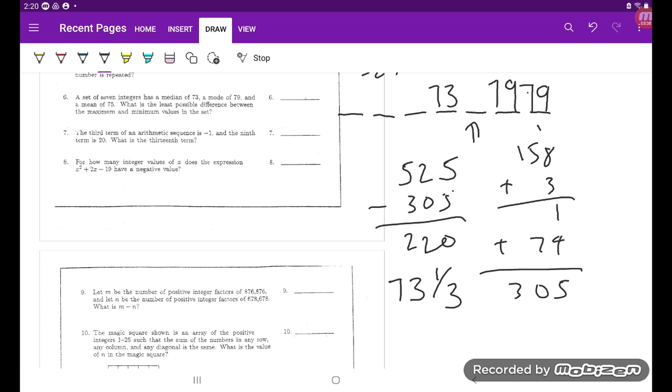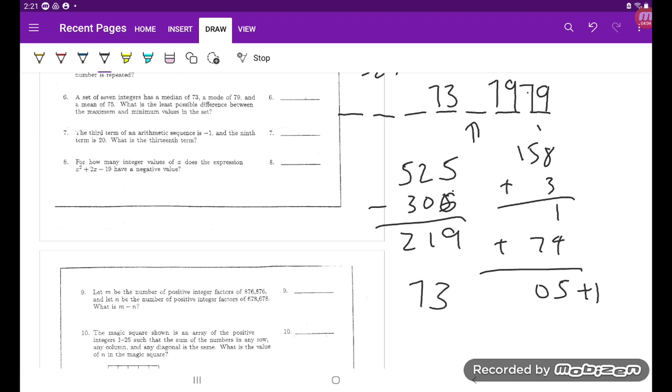We're just adding 1, so we subtract 1 from the sum and get 219. Then divided by 3, we get 73.